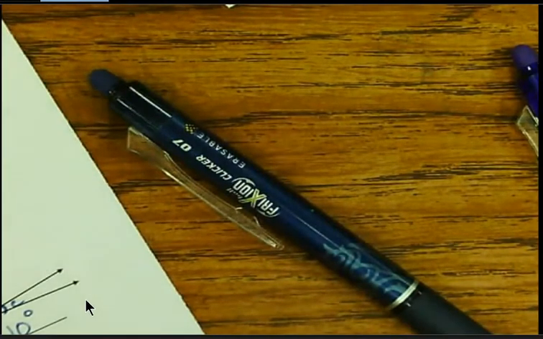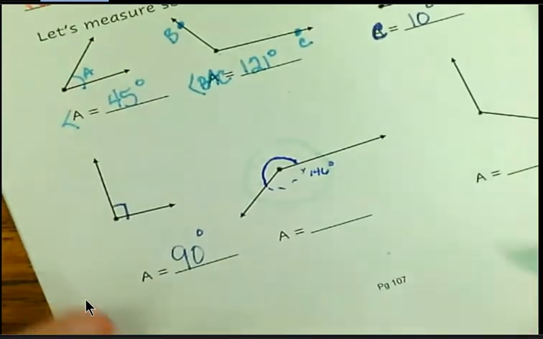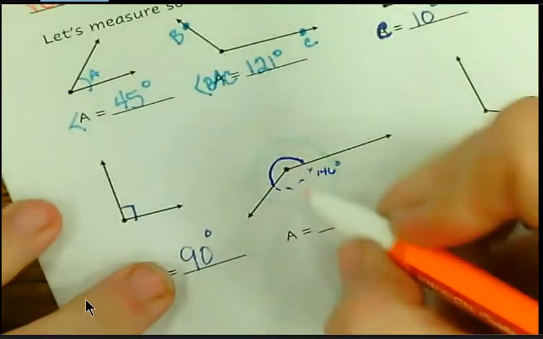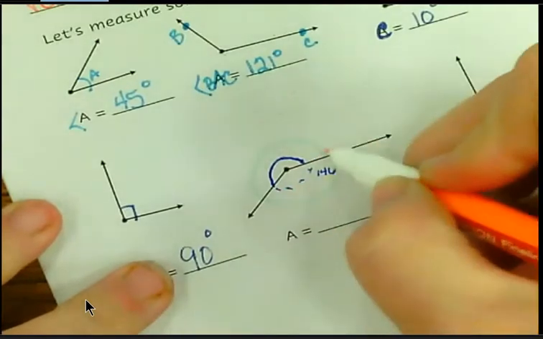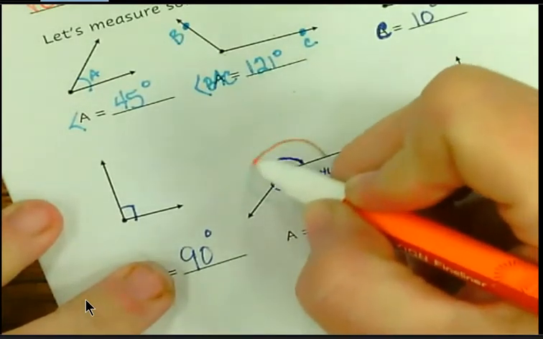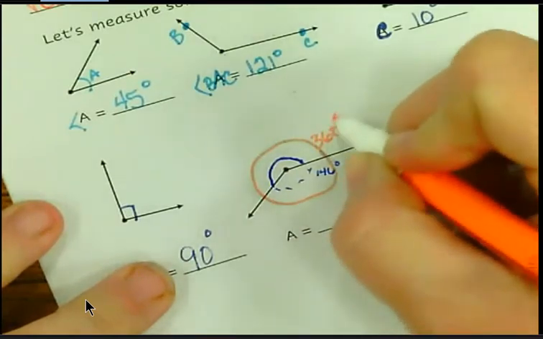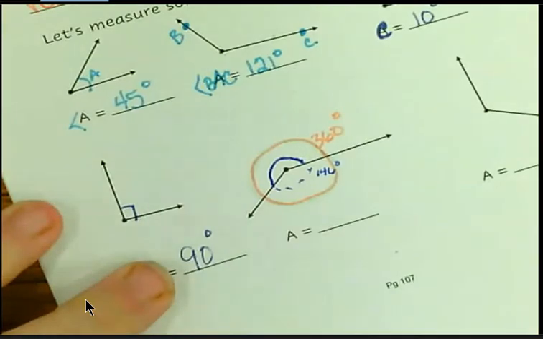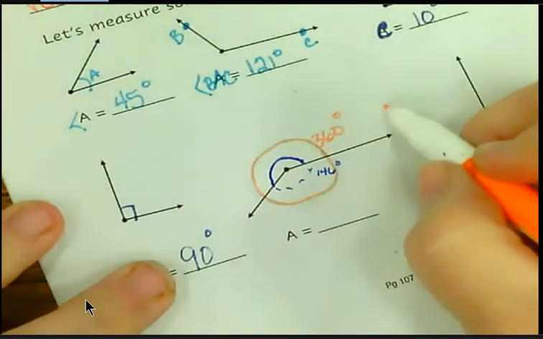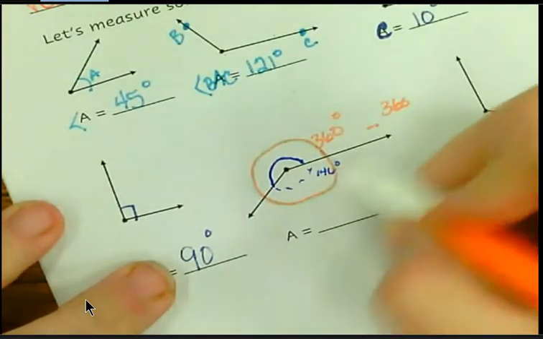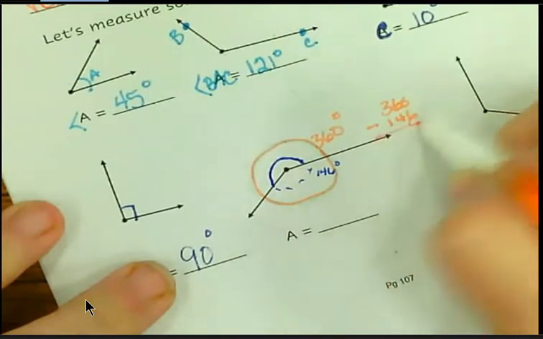Boy, I hate when I put it where I can see it and then you're just like, what, Mrs. Soul? We can't see anything you're doing. Okay, so this part we know is 146 degrees, and we know that the whole thing as a circle is 360 degrees, right? So we can take 360 minus that 146.